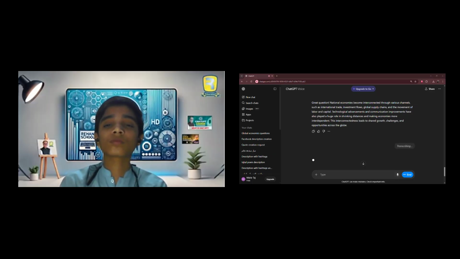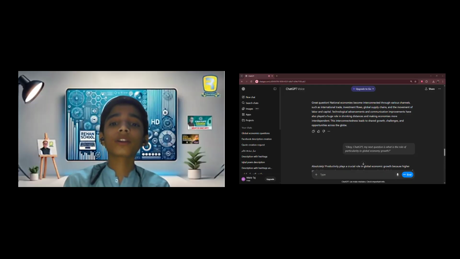On the flip side, it can also expose these countries to increased competition, potentially harming local industries that aren't ready to compete. Overall, the effects depend on the country's level of development and the policies they put in place. Okay, ChatGPT, my next question is how does regional trade affect global trade?